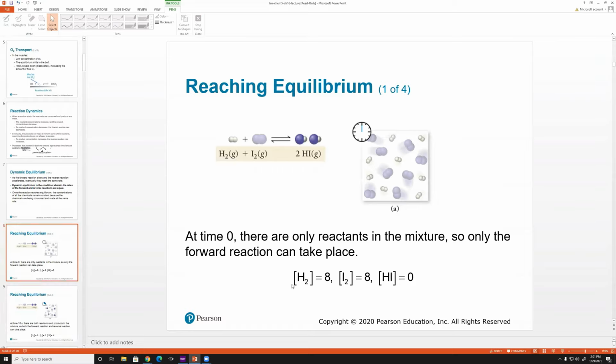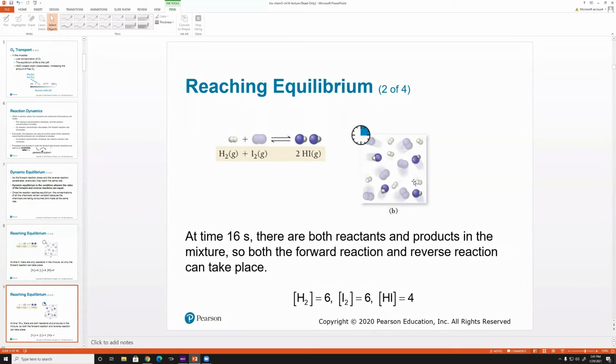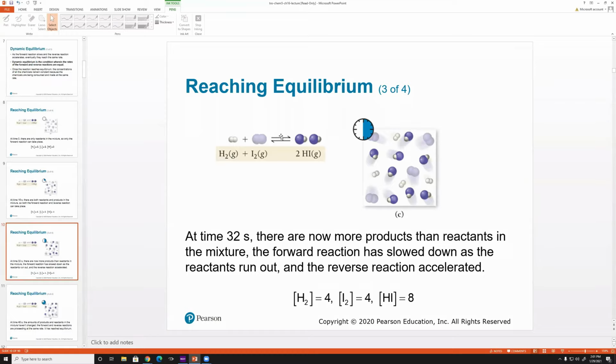Here's an example of that occurring. Originally you have these grayed out reactant particles. At time zero, the mixture is all reactant particles. Then as time increases, the forward reaction begins and products are made. So now it becomes 6, 6, and 4. Then it reacts more, and the forward reaction still happens.